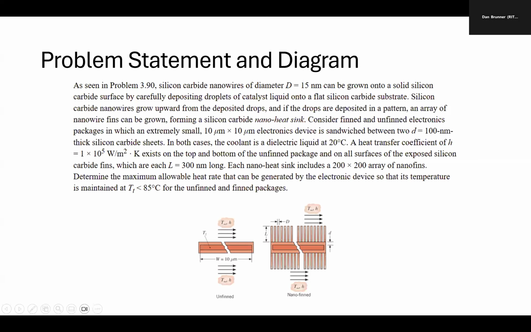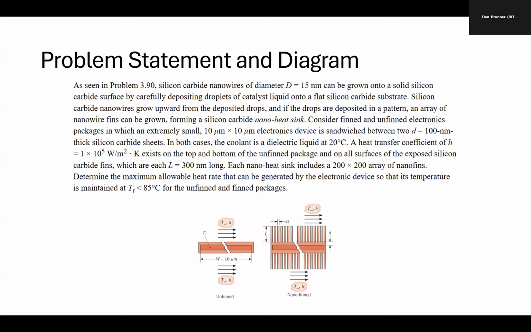Looking at the problem statement, we can see that we have a computer chip, and attached to this computer chip is a silicon carbide layer surrounding the entire chip. And attached to this layer, if we're looking at the second part of the question, there are these nanowires also made out of silicon carbide with a diameter of 15 nanometers.